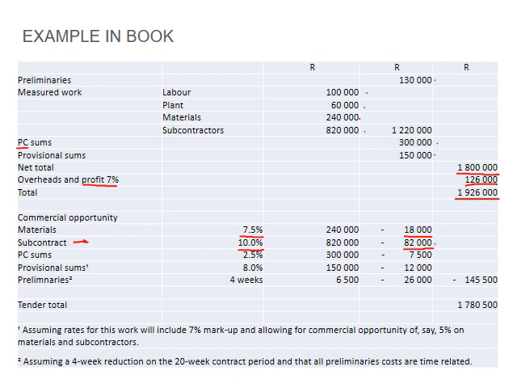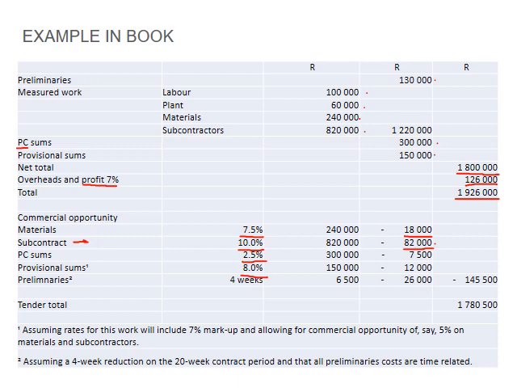So you anticipate that, okay, I can maybe have a saving of 10% on this. Your prime cost items, you anticipate that you might have a 2.5% saving there, and your provisional sums, your markup on those items might also be lower. So you think, okay, I might give a discount of about 8% on that.